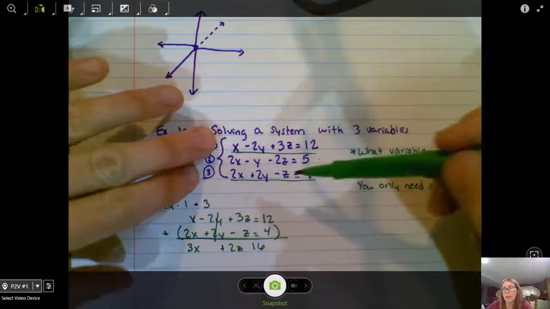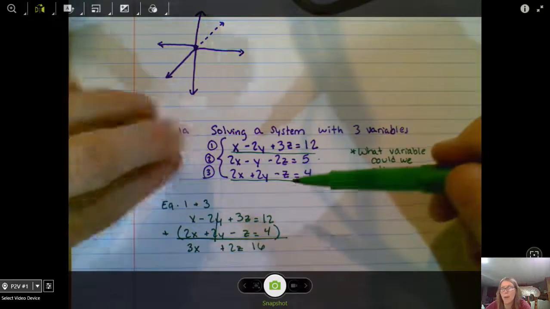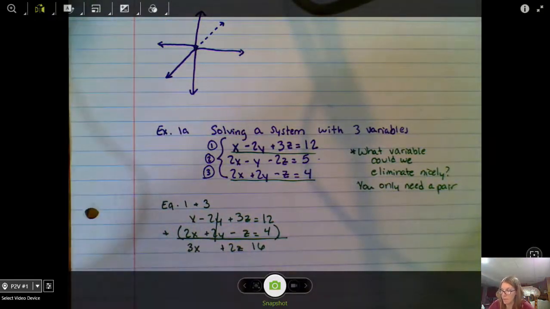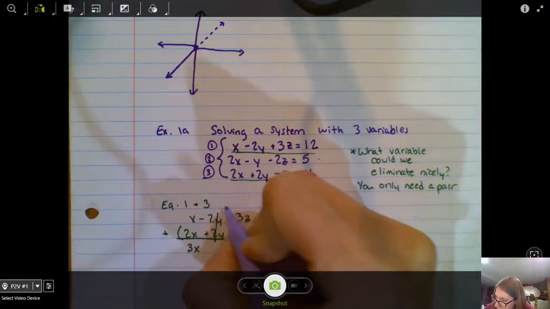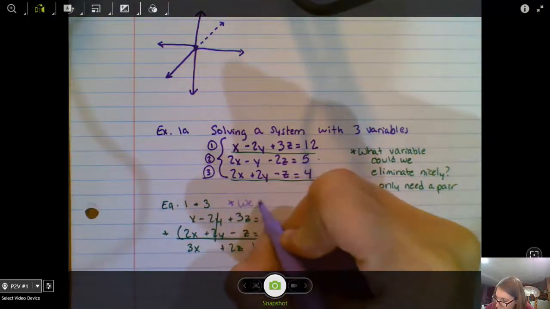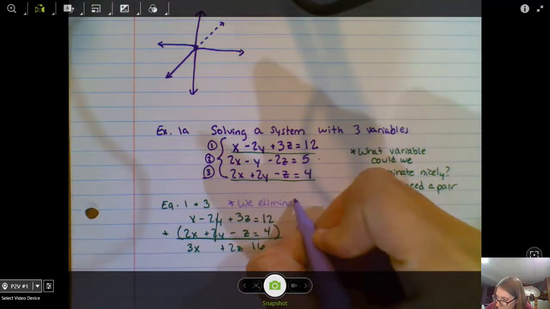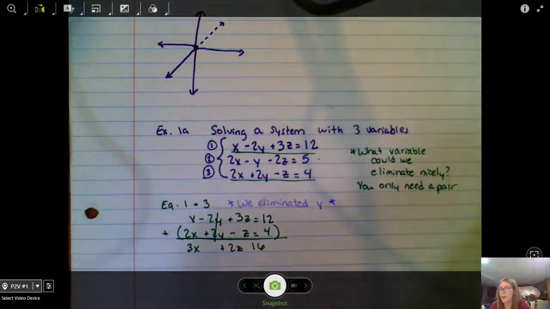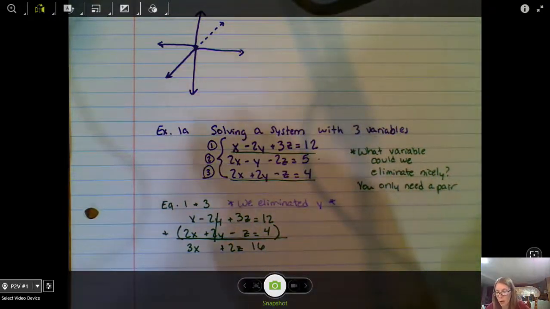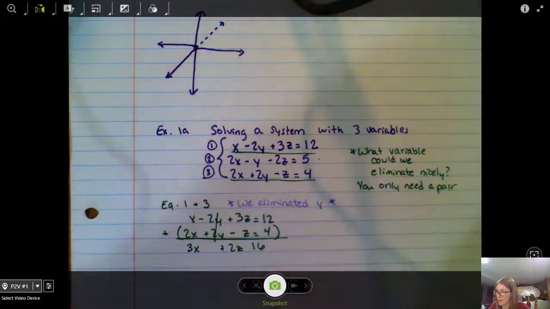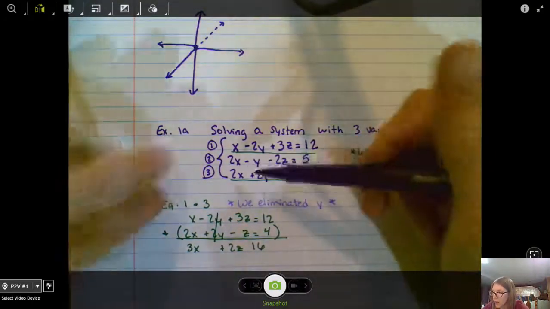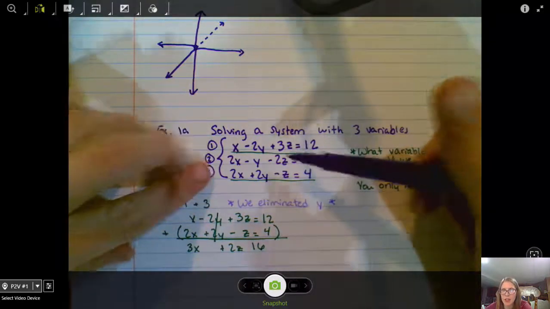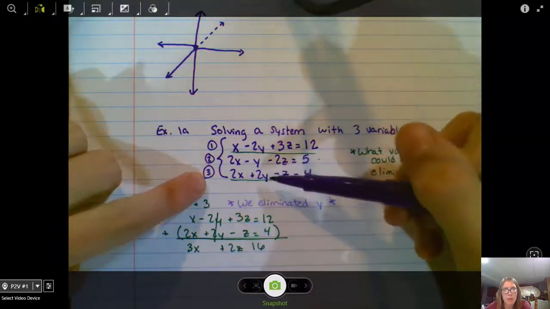Now I'm going to do a similar process, but with one other pair. In this case, we eliminated our y's, so I want to pick another pair of equations where I will also eliminate a y. Among my equations, I need to work with equation 2. And just because this is a negative y, I'm going to choose equation 3.